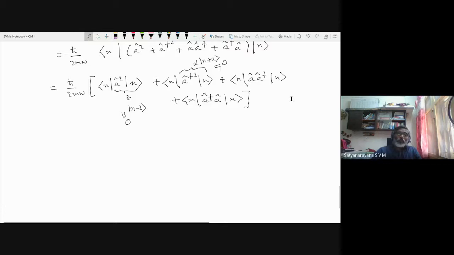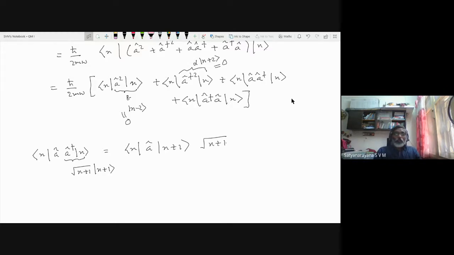Now consider ⟨n|aa†|n⟩. Now this is basically what happens if a† is acting on |n⟩, that is √(n+1)|n+1⟩. So that is equal to ⟨n|a|n+1⟩ into a factor √(n+1).